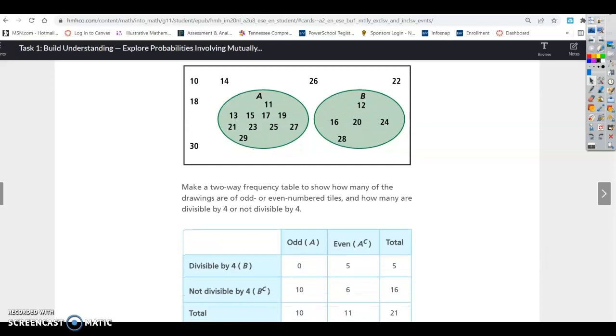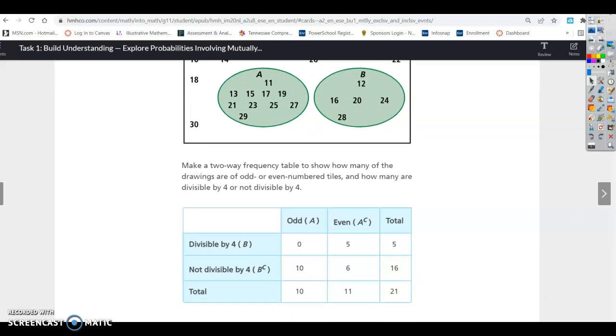It says make a two-way frequency table to show how many of the drawings are odd or even numbered tiles and how many are divisible by 4 or not divisible by 4. So in the table, you have odd, which is our event A, and then we have even, which is the complement.